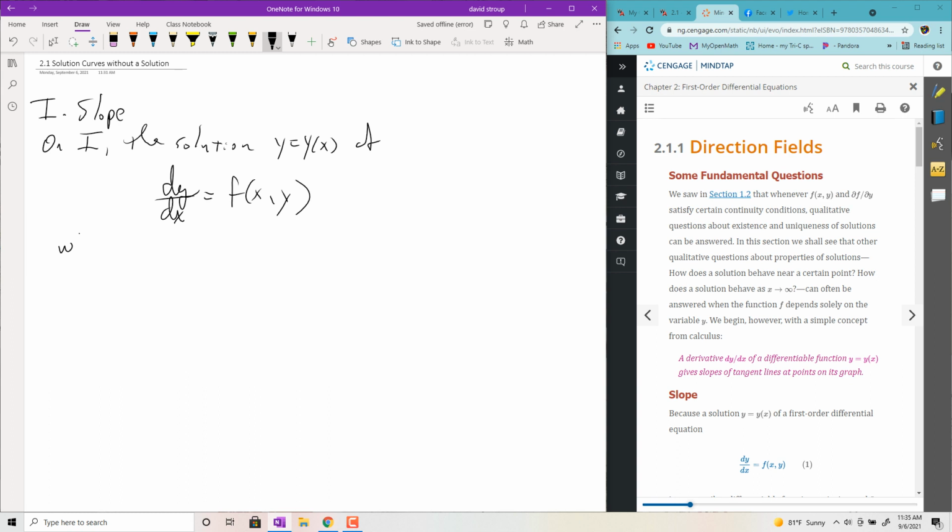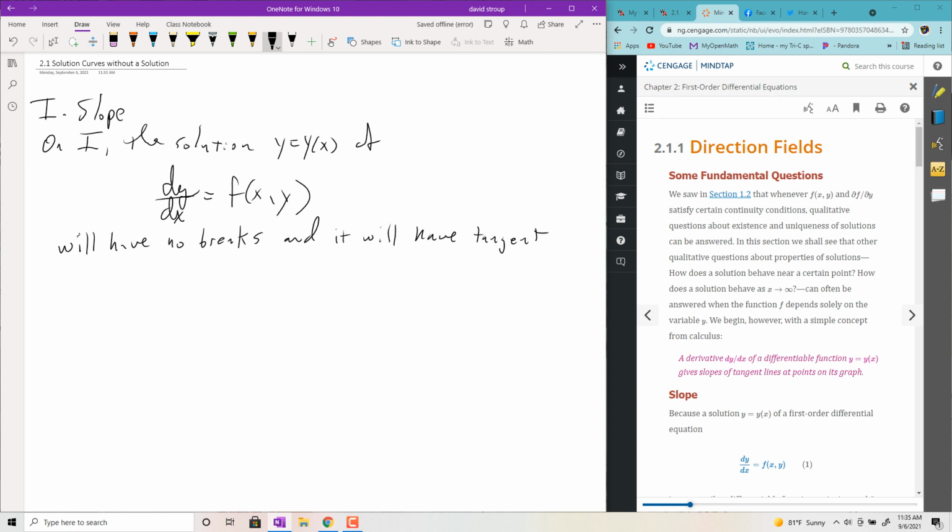Okay, the solution of that thing is continuous, so it'll have no breaks, and it'll have tangent lines. What I mean by tangent is that at any given point on the solution curve, you can get its derivative.